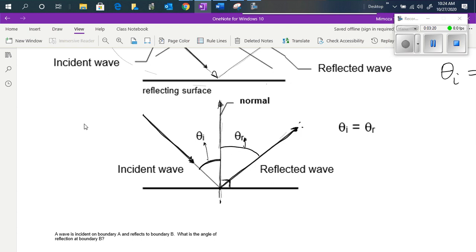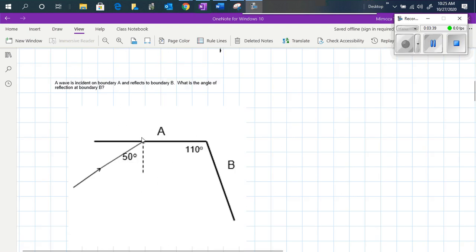This is why we take the angle with the perpendicular to the surface and not the angle with the surface. Okay, is it clear?